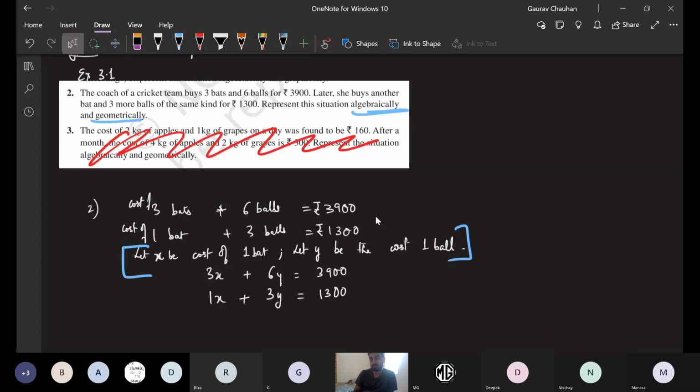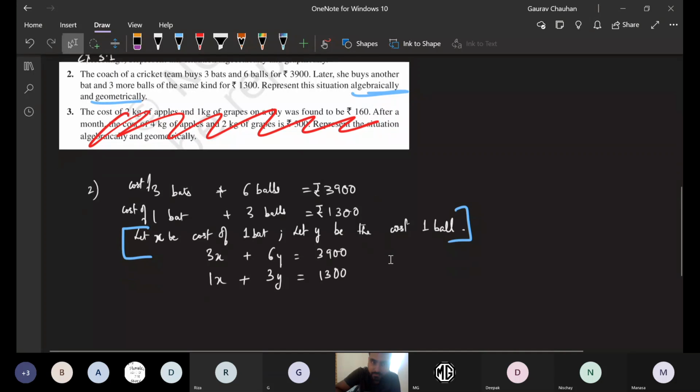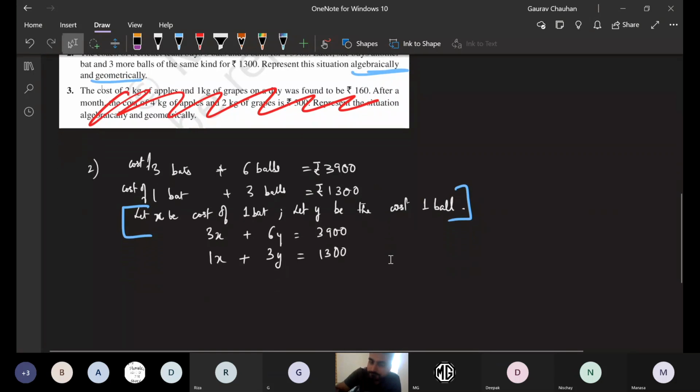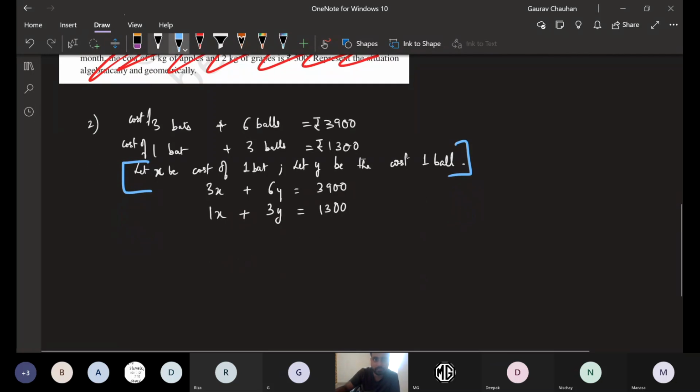We'll find X and Y how? Sir, we'll get the points, and we'll plot on the coordinate plane. Perfect.